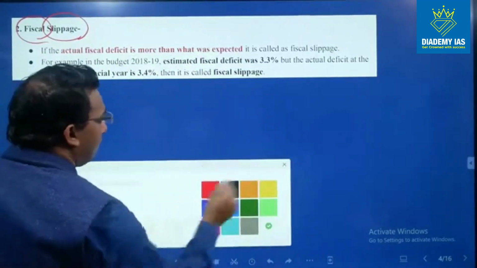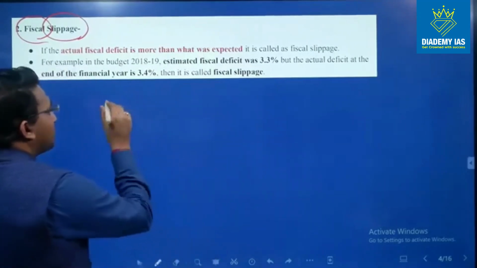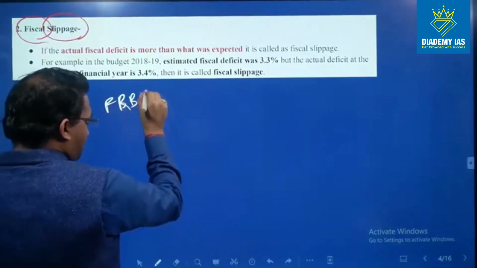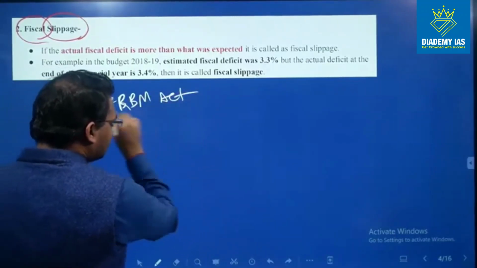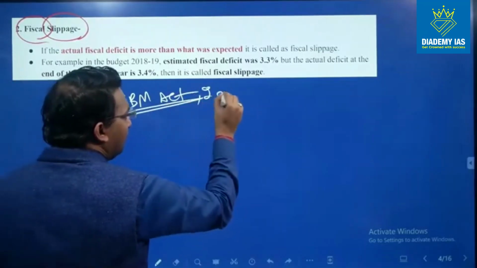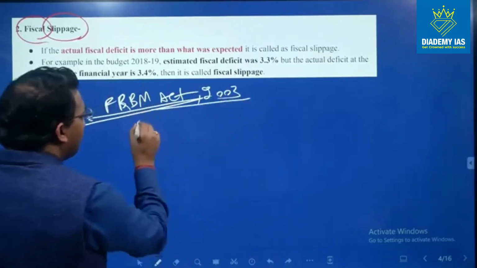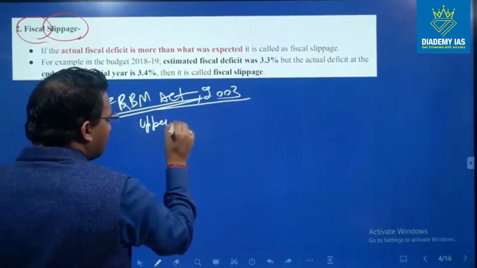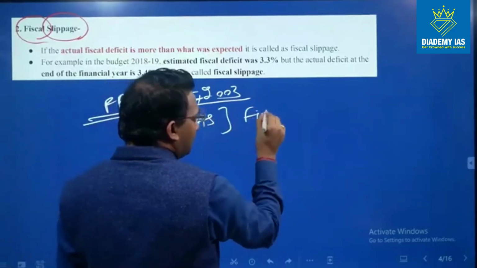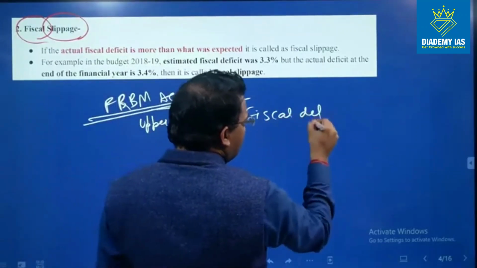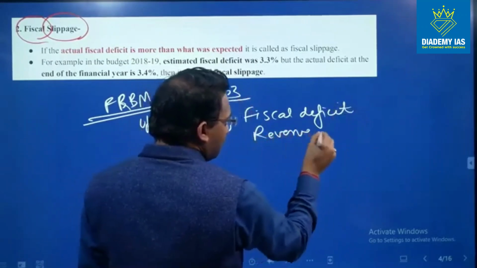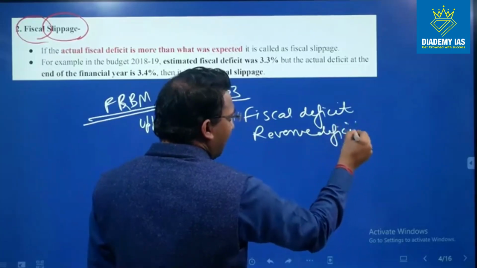Basically, as per the FRBM Act of 2003, there are some upper limits with respect to the fiscal deficit and even the revenue deficit as a percentage of GDP, right?